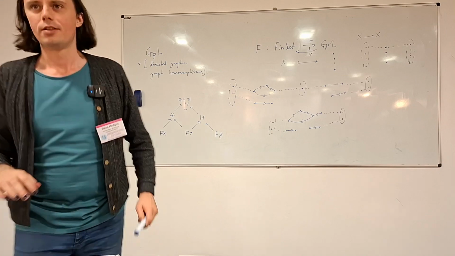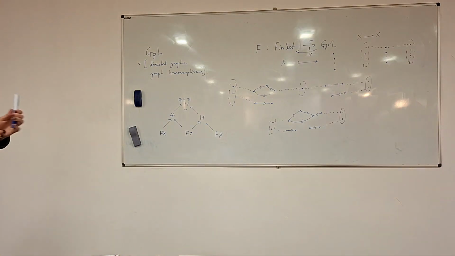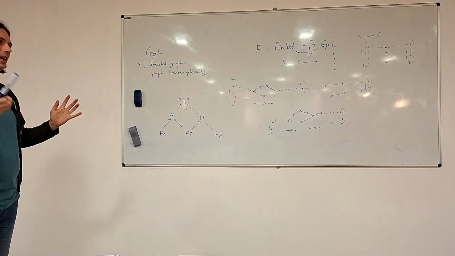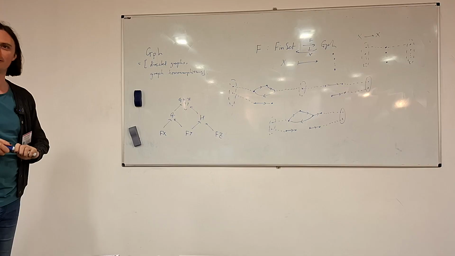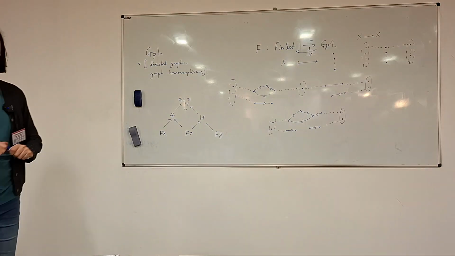So this thing is called a structured cospan. This is the prototypical example of a category of structured cospans. A structured cospan is a cospan whose feet are in the image of a left adjoint functor.